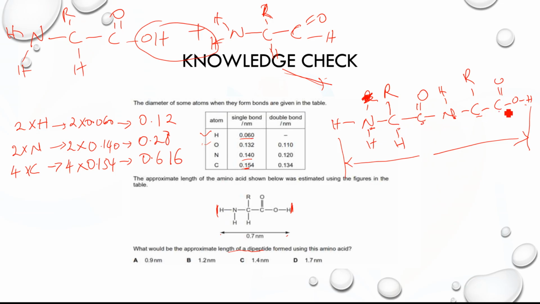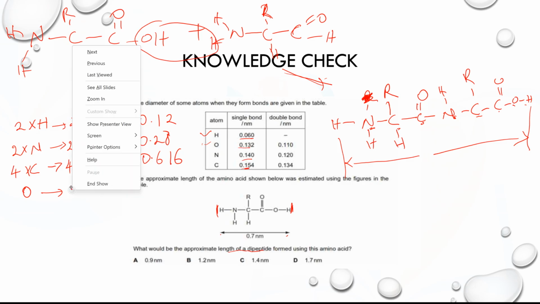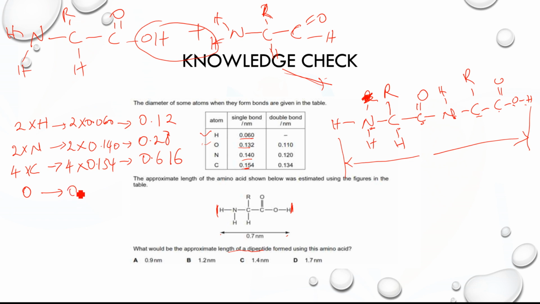We have done hydrogen, nitrogen, carbon, then oxygen. Only one oxygen here, right? And of course you can see there's one oxygen as well. The oxygen single bond is 0.132.